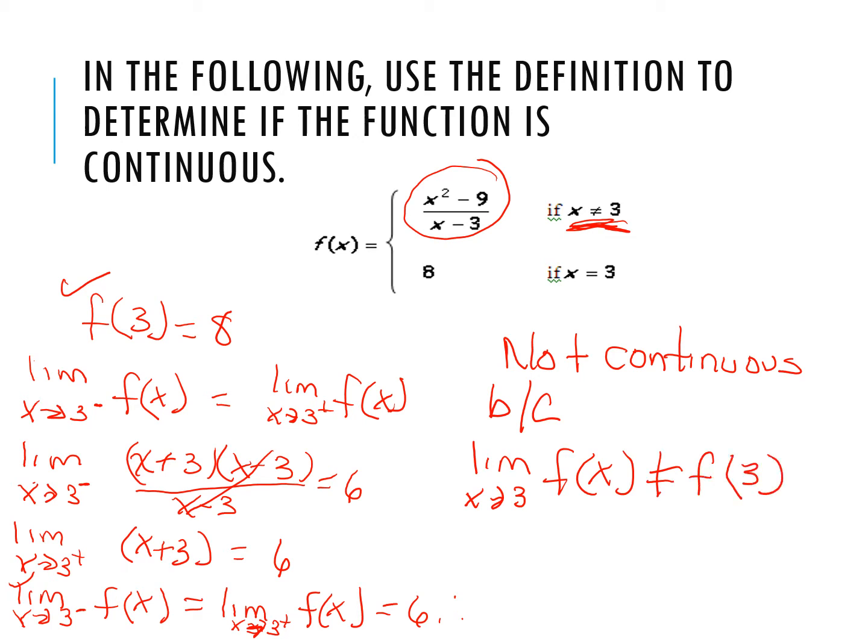So it's not continuous because the limit exists, the function exists at the point, but the limit is not equal to the point. Okay? And I know that seems like a lot of writing, but that is what you would write to justify if a function is continuous.